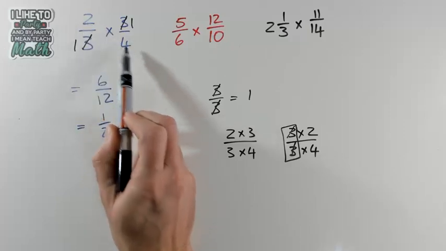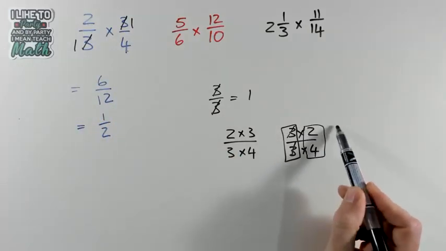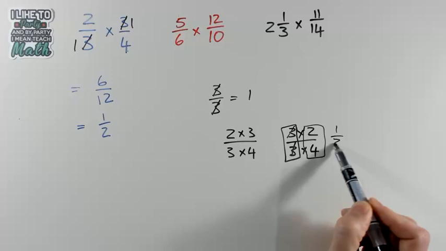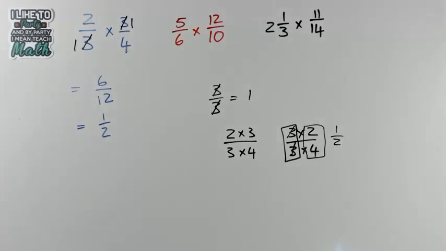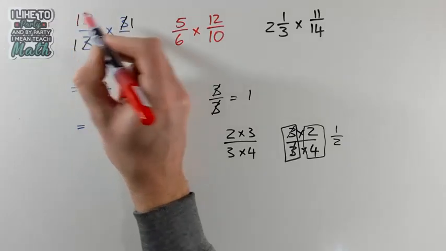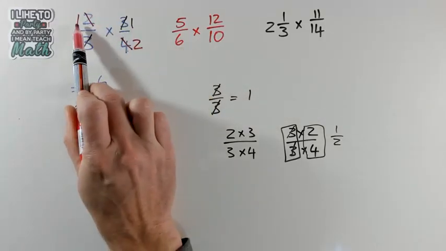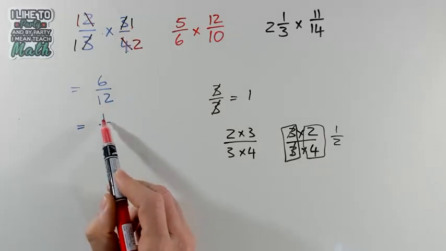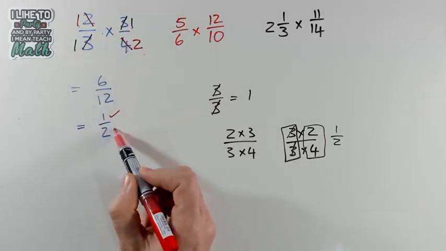But there's a 2 and a 4 here, and this 2 and 4 is actually just going to be a half, right? 2 quarters is just a half. And there I can reduce these and say, well, 2 can go in itself once, and 2 will go into 4 2 times. So at the top, I'm left with 1 times 1, which is this 1, and 1 times 2 at the bottom, which is that 2.